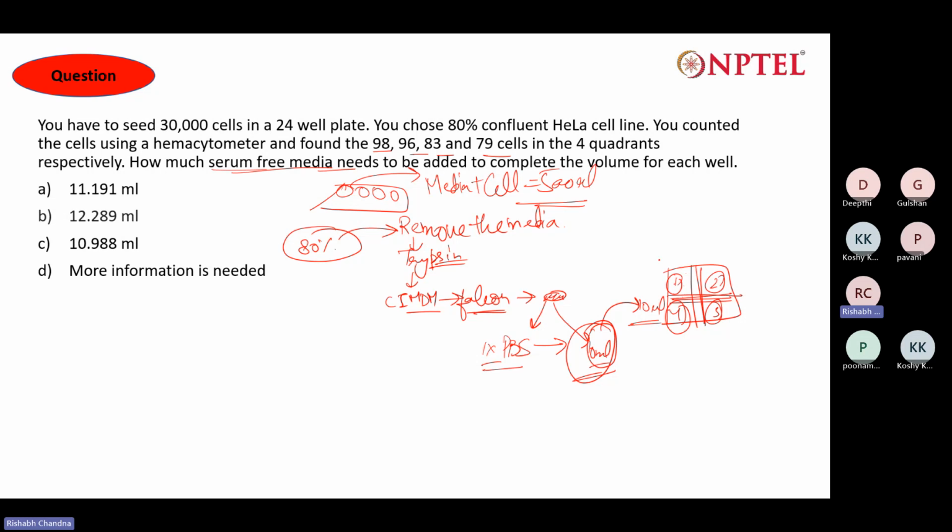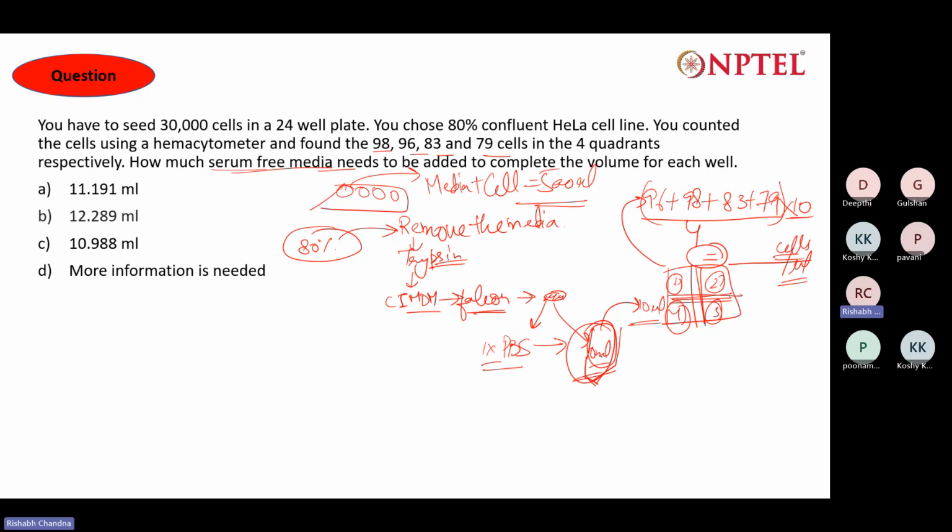So the formula is 96 plus 98 plus 83 plus 79, calculated from four quadrants, into the multiplication factor. This will give us the number of cells per microliter that we have in this 10 ml solution of cells plus PBS.